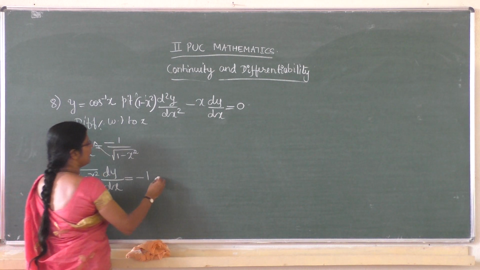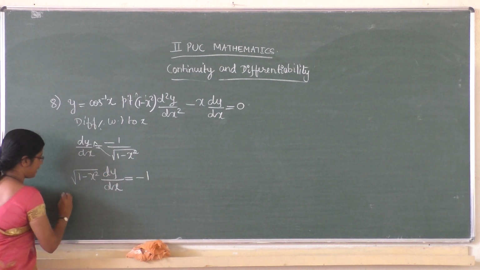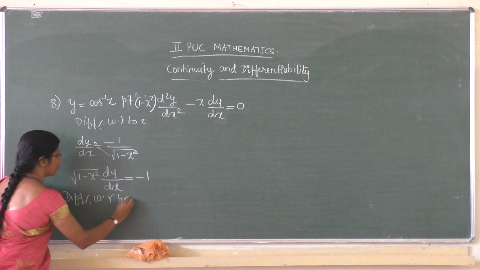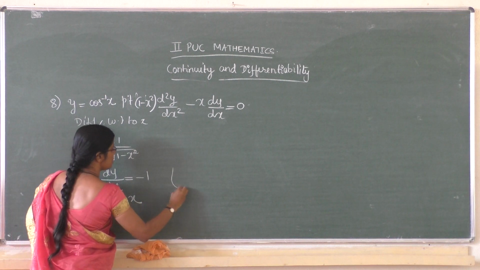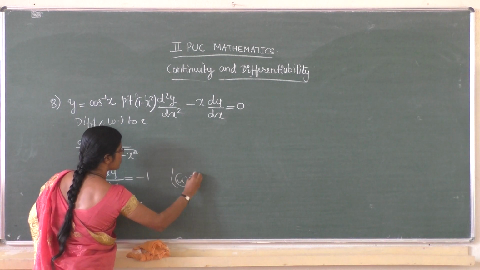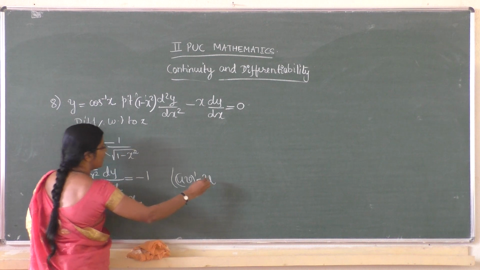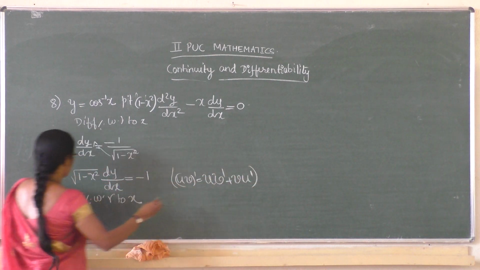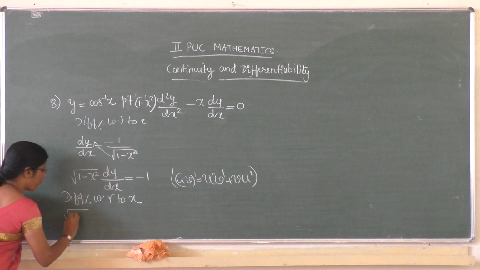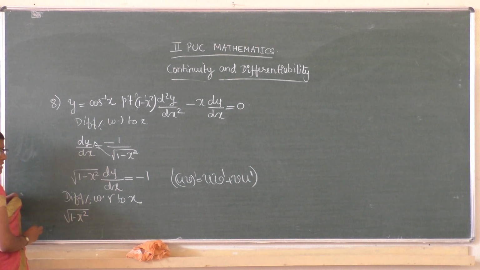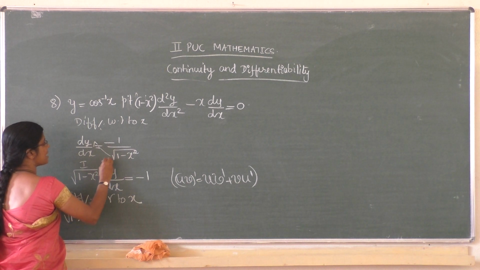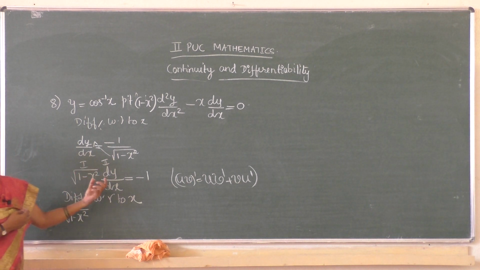So what we do here, we use the product rule, that is differentiate with respect to x. So here we use (uv)' equal to u into v' plus v into u'. Root of 1 minus x square is the first function, and dy by dx is the second function.